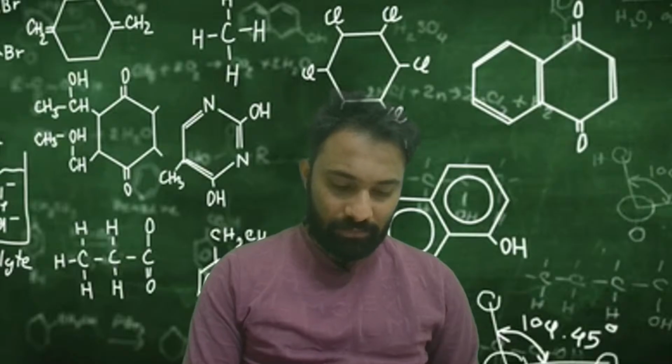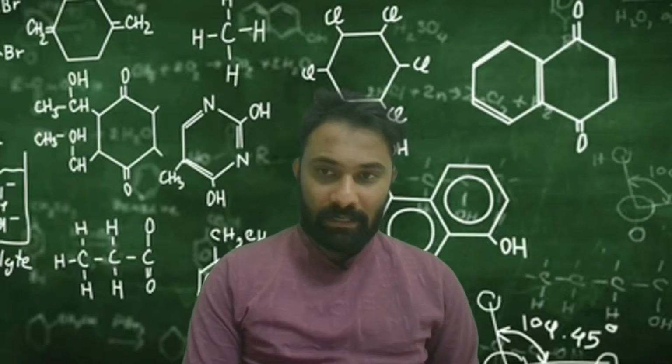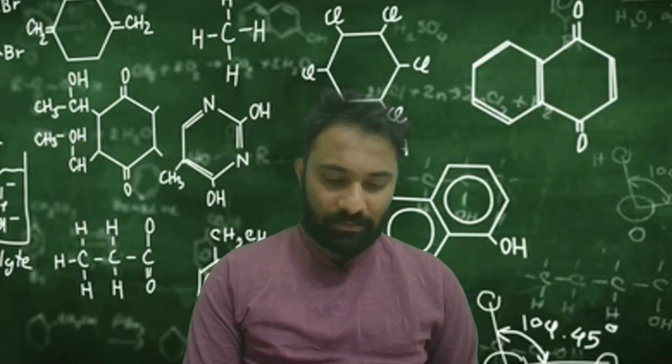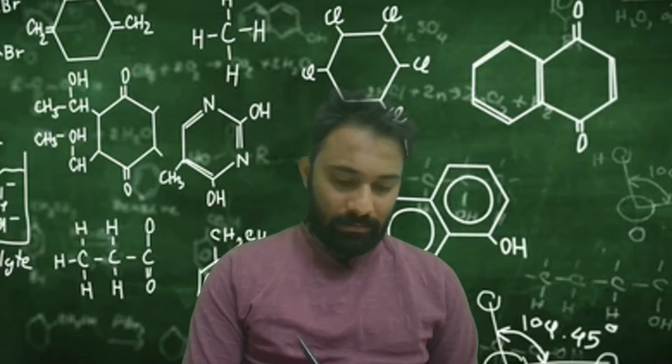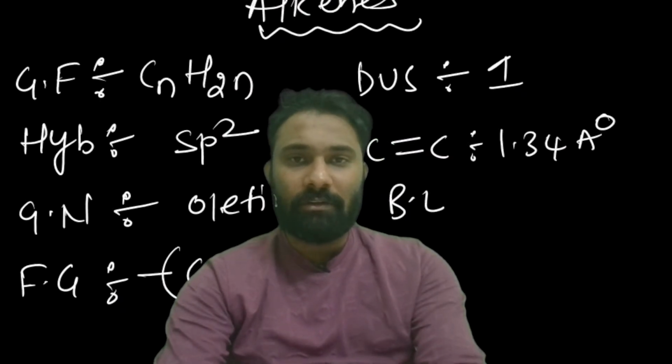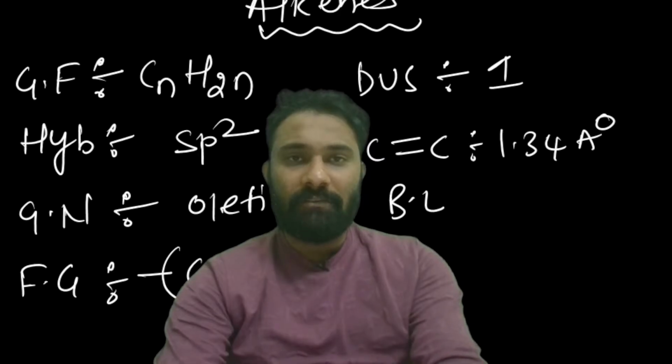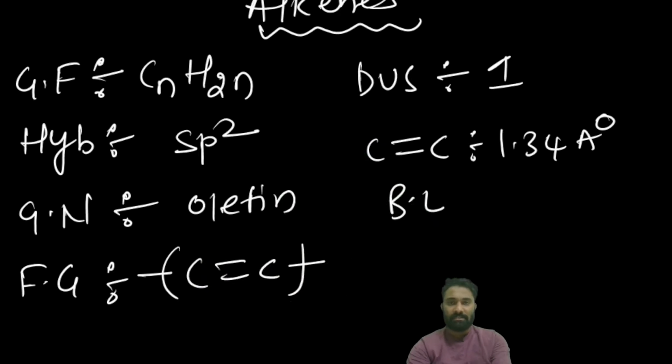Can anyone say which one we have studied? What are the preparations of the alkenes we have studied? Once I will give you the quick recap, so that it will be connectivity with this continuation of the class.